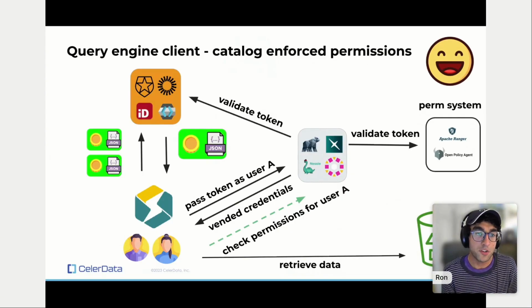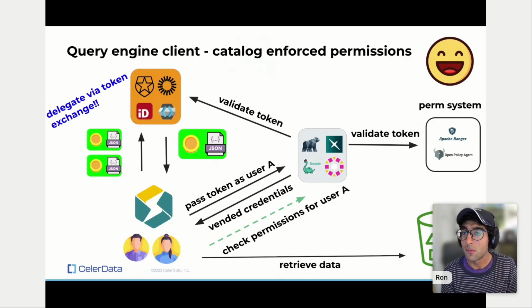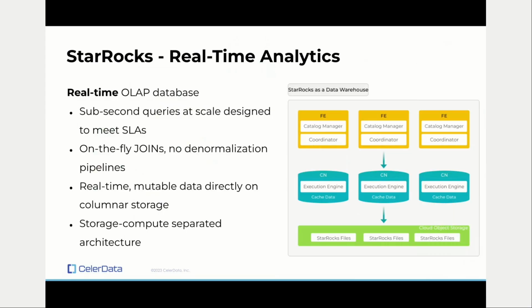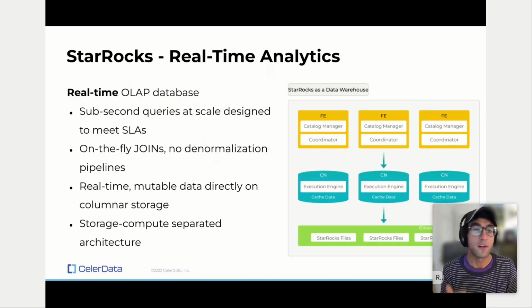Now, transitioning over to what we have done at StarRocks, before I jump into that, let me just explain where we sit as StarRocks. So for those of you who don't know, StarRocks, we're an OLAP database meant for real-time analytics, designed for sub-second queries at scale, designed to meet your SLAs, on-the-fly joins, no denormalization pipelines.